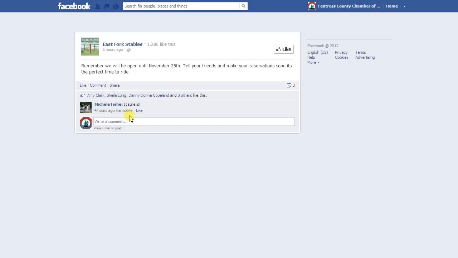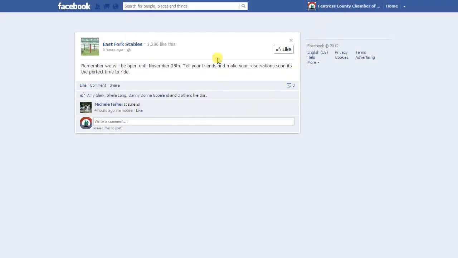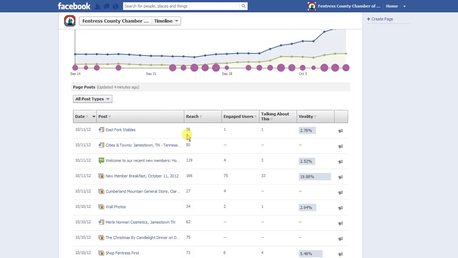You can click on view posts and it'll take you right to the post. You can see what was said. You can click on the shares and see who shared it, and the chamber would be one of those that shared it. So that's the data that's available to you through that one function on Insights.